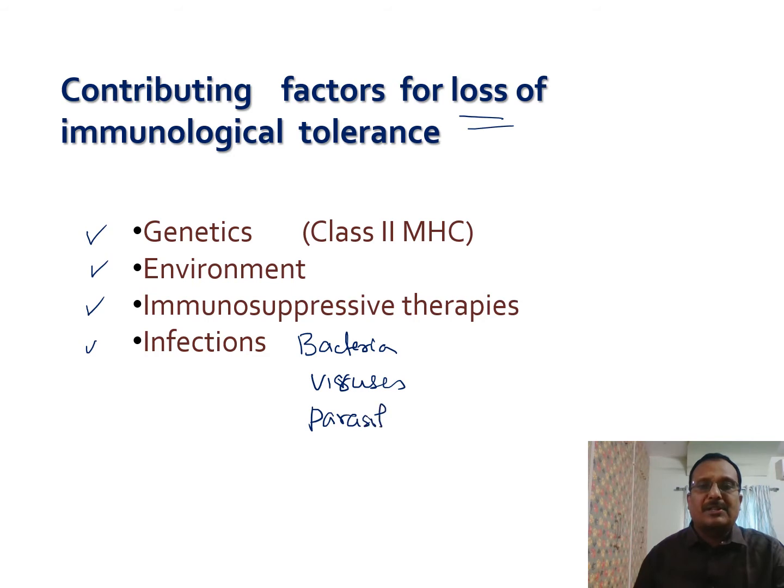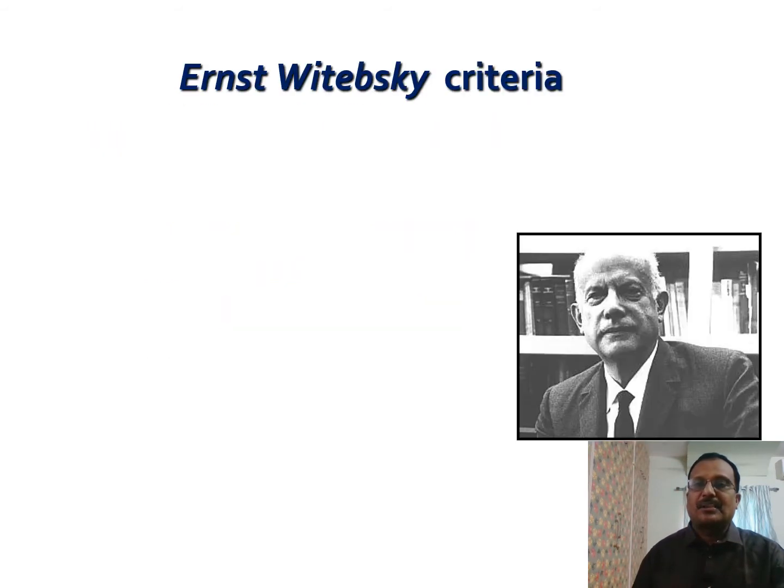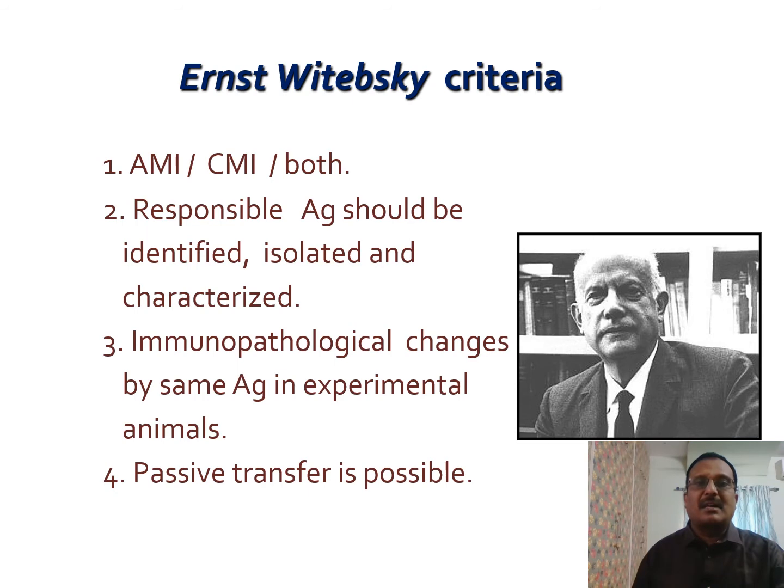All these infections may cause the loss of immunological tolerance, resulting in the bounding of autoimmunity. Then Ernst Witebsky criteria: just like Koch's postulates in bacteriology, in the same way Ernst Witebsky proposed certain criteria to say that a particular disease is of autoimmune etiology.